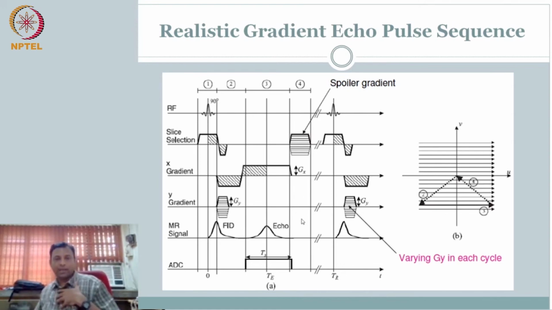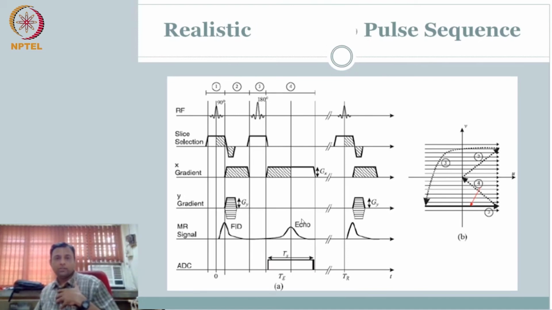So can we do the same exercise for the next sequence? Can you recognize what this sequence is? Everything else is the same as the previous slide. What is different here is, you see this is the echo signal that you are measuring, but in the echo signal I have a 180-degree pulse.